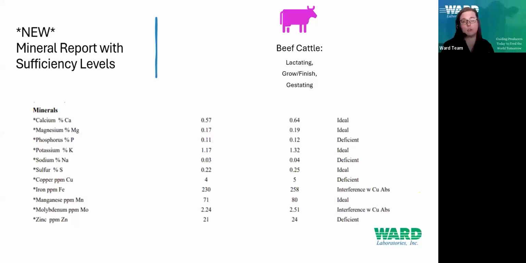And some producers I've worked with, once they run these analyses, they might be able to get away with just providing that trace mineral salt, and they don't really need a full mineral supplement. But of course, you need to be working with experts, extension agents, nutritionists, your vet before you're making those kinds of decisions. We always recommend providing a good mineral and choosing your mineral based on what the forage needs. What is going to complement your forage best?